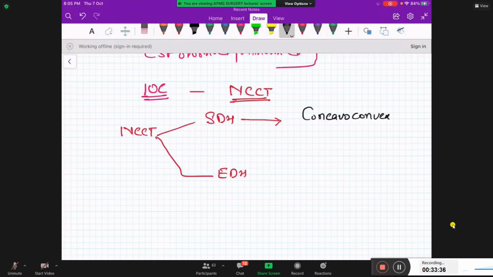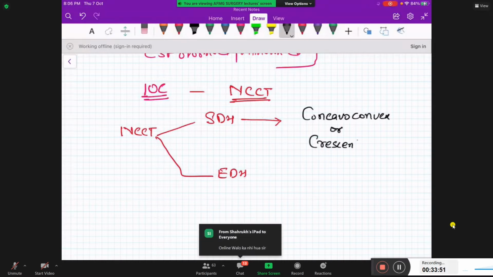Okay, anyways, concavo-convex. Concentrate on the topic. Concavo-convex or crescent shaped opacity.